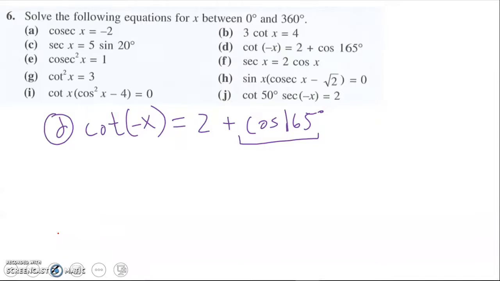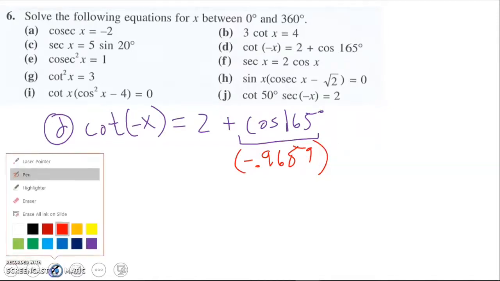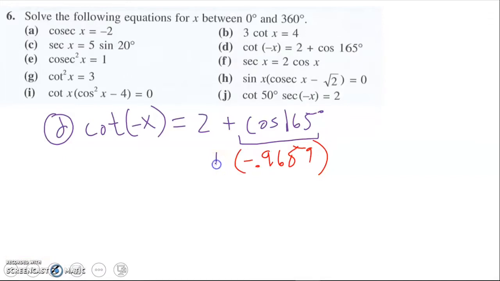That's going to end up being negative 0.9659. Okay. Plus 2. Well, that's going to end up being basically 1.03.